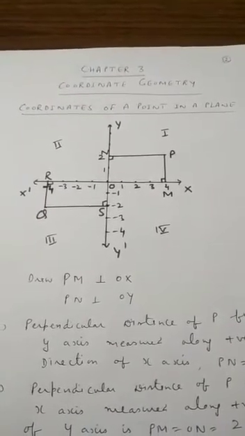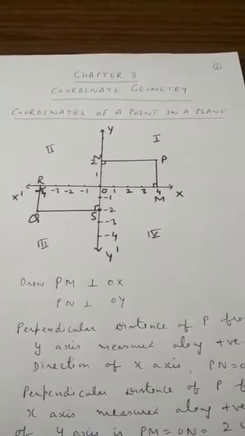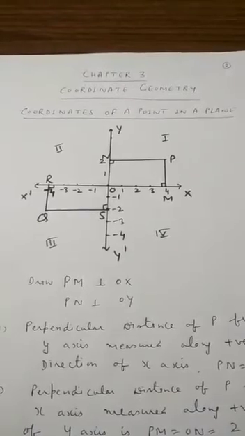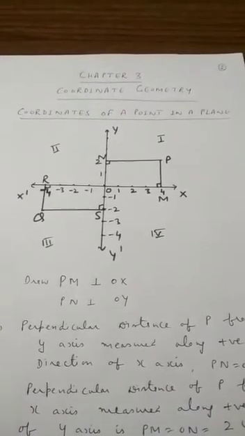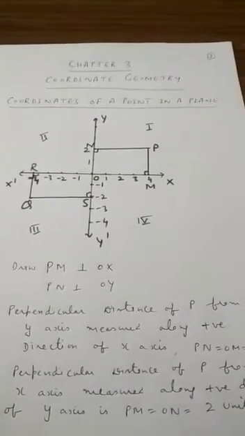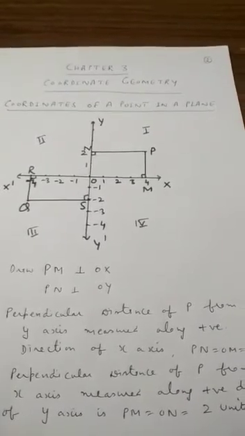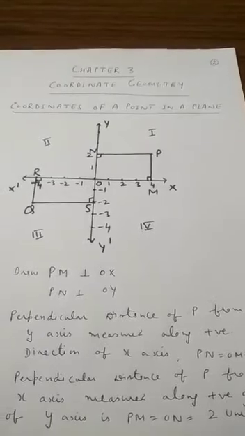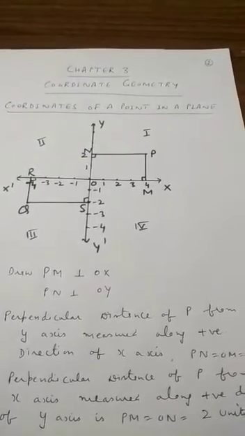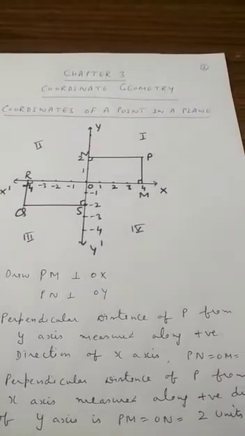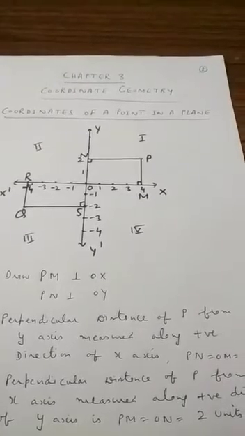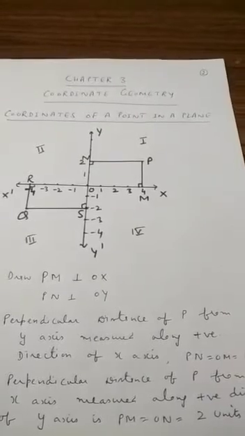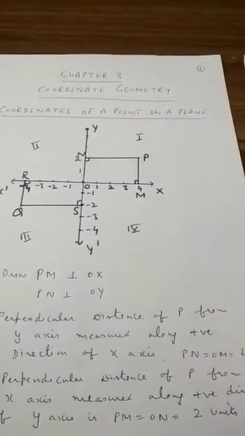From P, I have drawn PM perpendicular to the x-axis and PN perpendicular to the y-axis. How can I find the coordinates of P? PN is perpendicular to the y-axis, so PN is the distance of P from the y-axis measured along the positive direction of the x-axis.